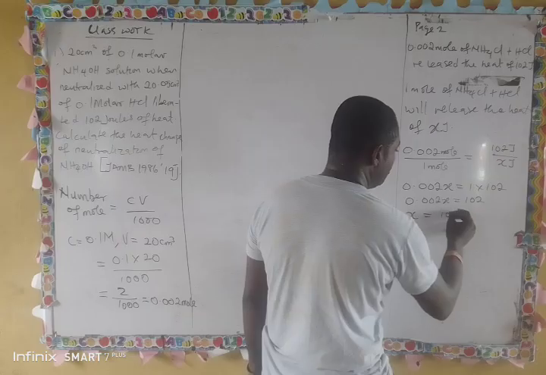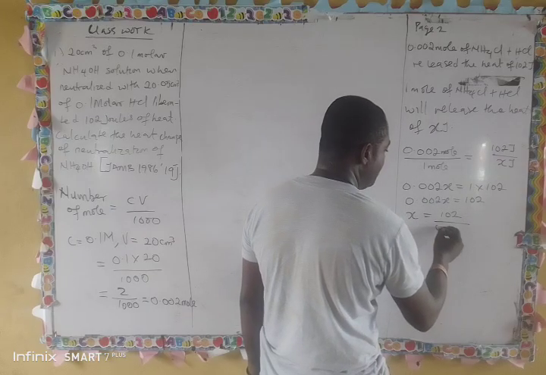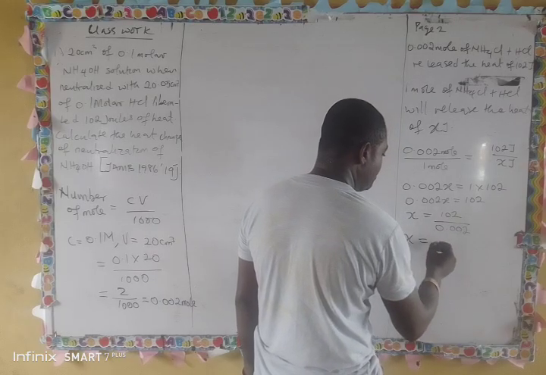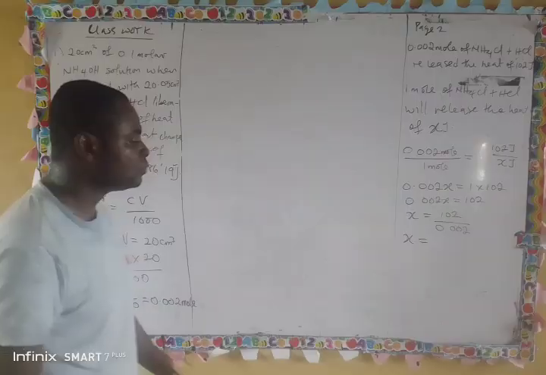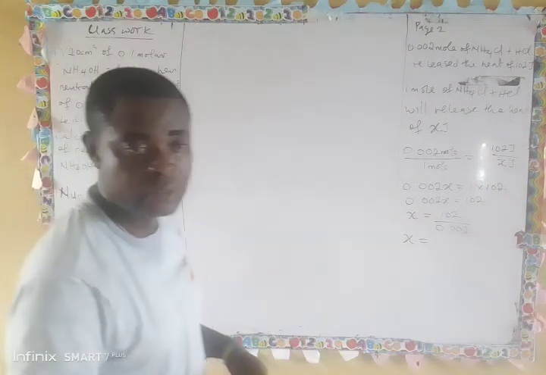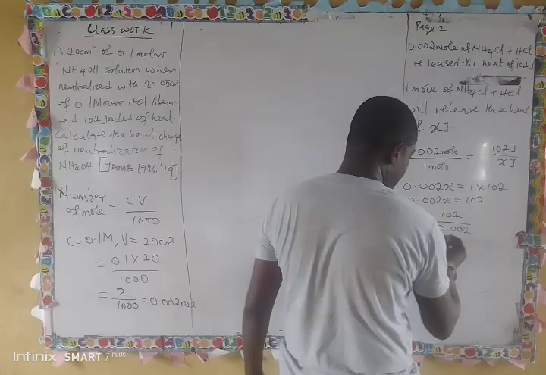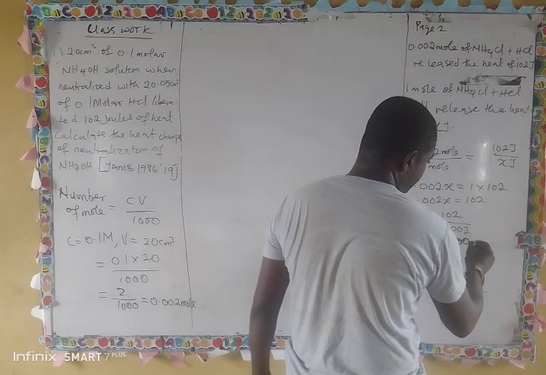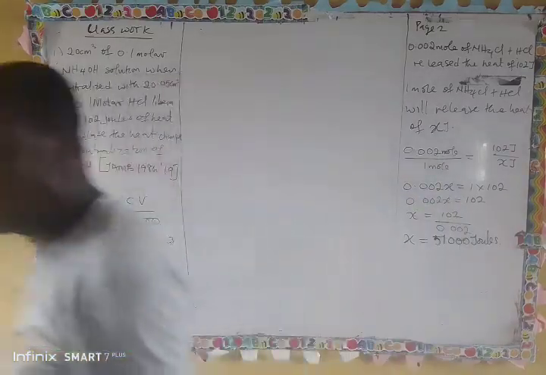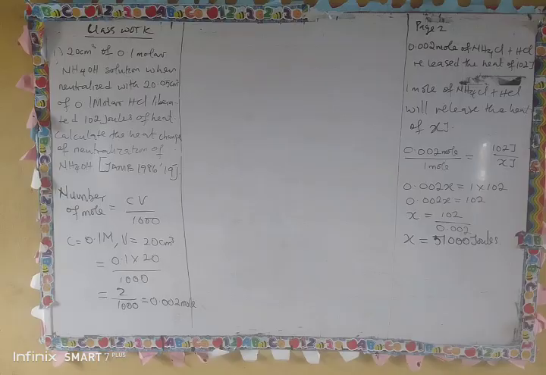Our X will now be 102 divided by 0.002. What's your answer? 51,000 joules. So that is the answer for that JAMB question.